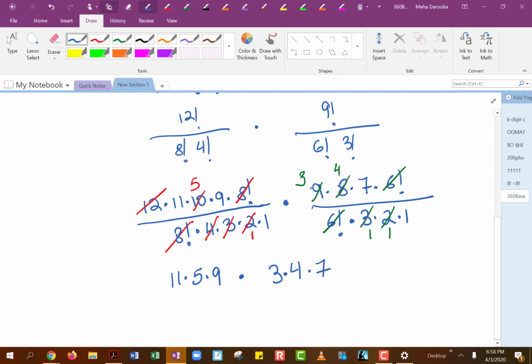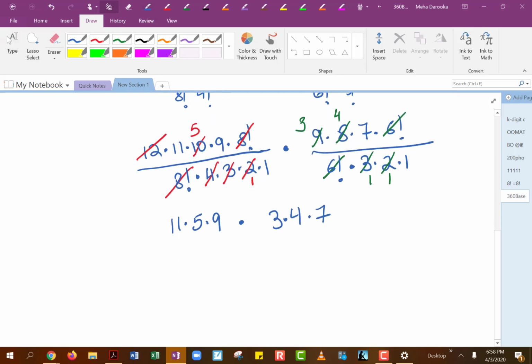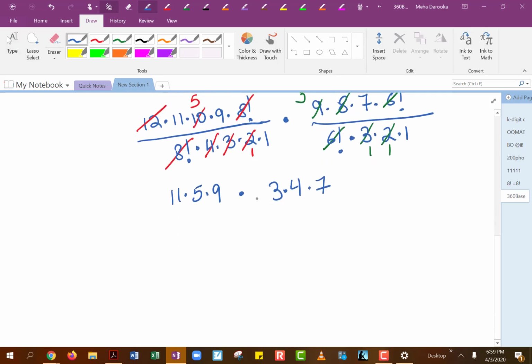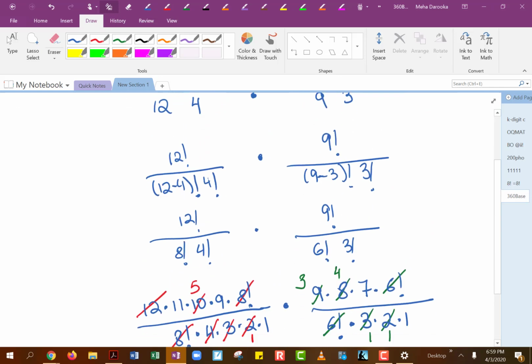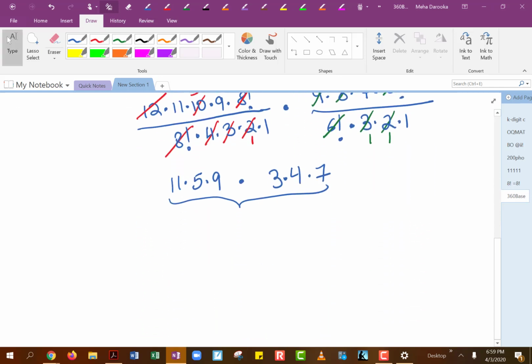So when you multiply all of these numbers, and I think that's how we have broken this down, you should end up getting 41,580 different possibilities. So that's how we can choose all those different players.